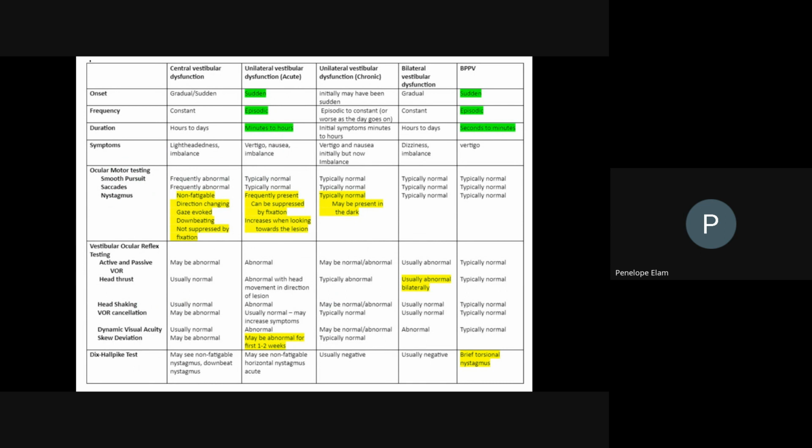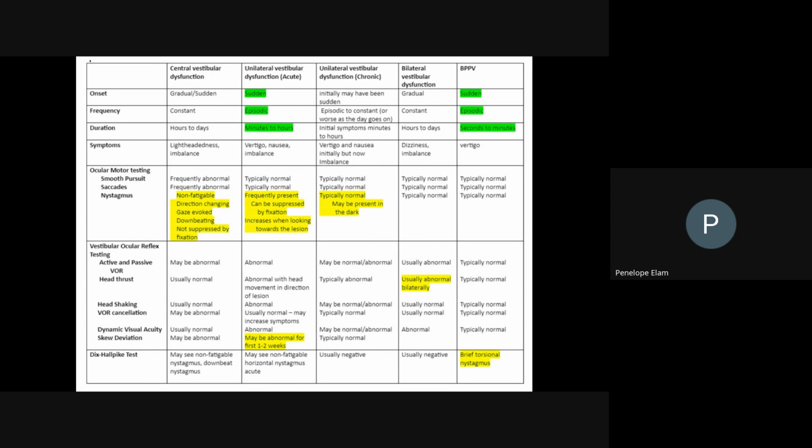The big differences are between acute unilateral vestibular dysfunction and BPPV, because they're both sudden and episodic, but how long they last is very different. Remember, BPPV is just seconds to minutes and it's done, whereas in the acute stage, symptoms last more minutes to hours. But the differentiator is going to be our Dix-Hallpike versus our head impulse test, and figuring out which one is positive will guide us.